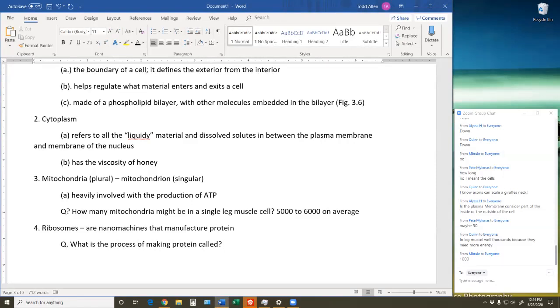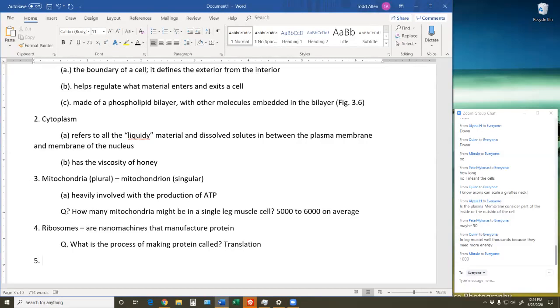Okay, to keep us moving along, it's called translation. Translation is the term for manufacturing protein. Okay, gang, feel free to throw out some questions into the chat window. I'm going to keep rolling along here with notes.